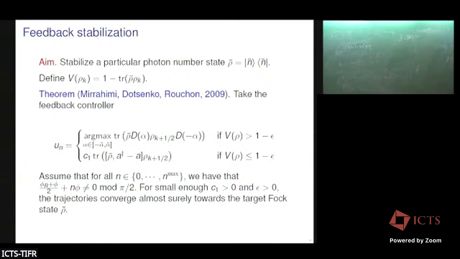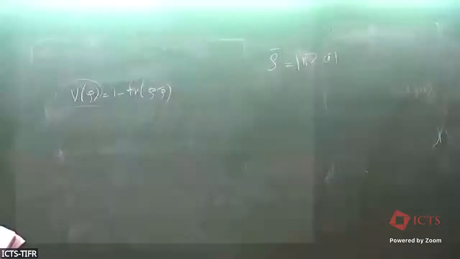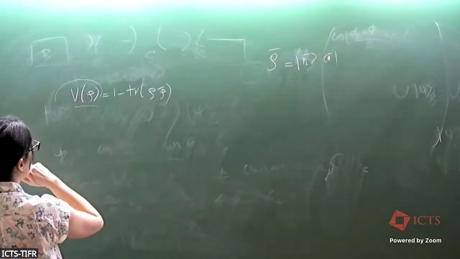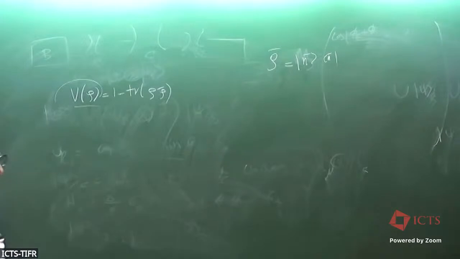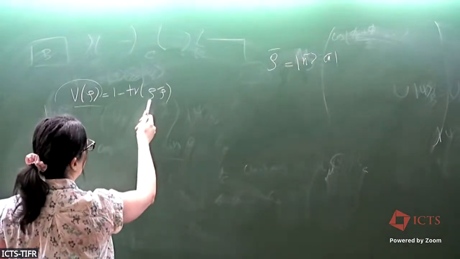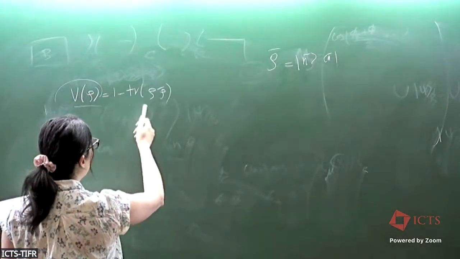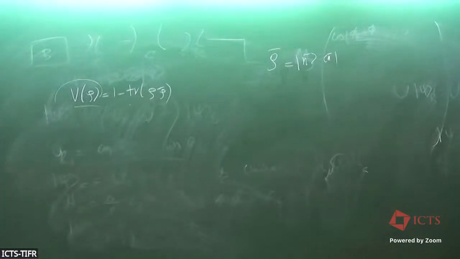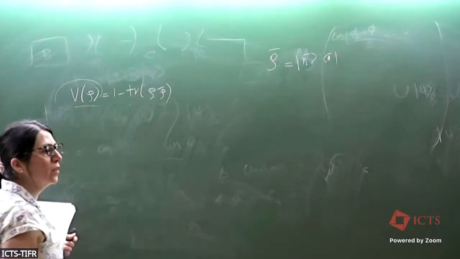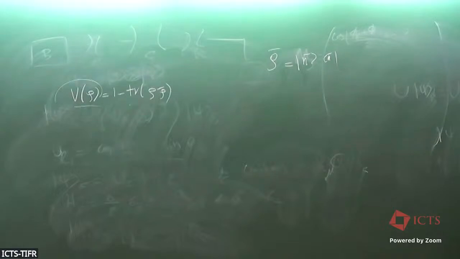You can do everything without knowing what the Lyapunov is, because in fact, the Lyapunov corresponds to the distance between your rho and your target state. What is important is that at rho bar, your target, it is 0, and for any other state, say n, which is orthogonal to rho bar, this is 0, so then the distance is 1, right? That is the thing that you need to know for now.